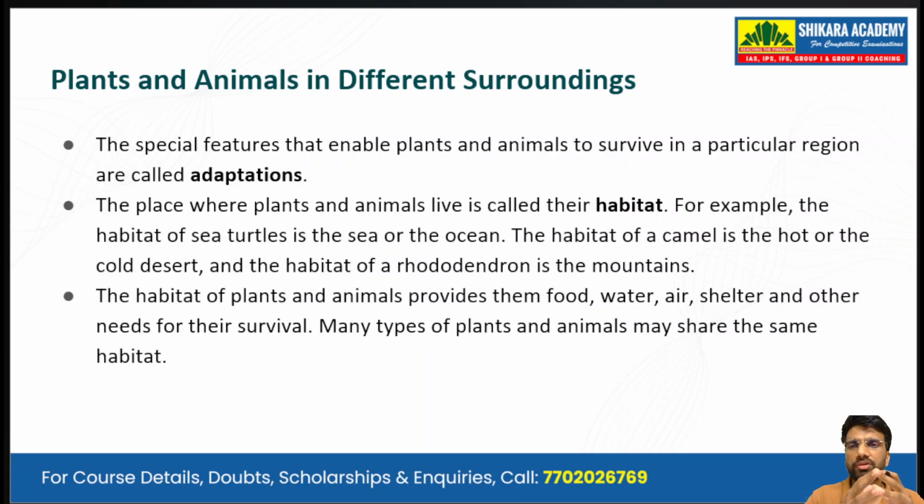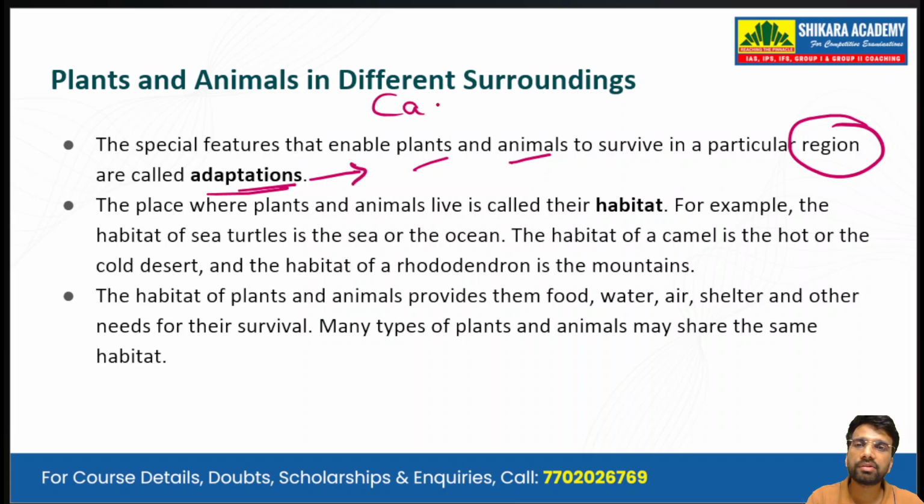Let's discuss the adaptations. The special features that enable a plant or animal to survive in a particular region are called adaptation. We have seen cactus has a fleshy stem, that is an adaptation.